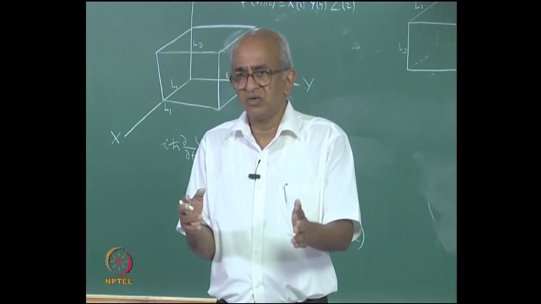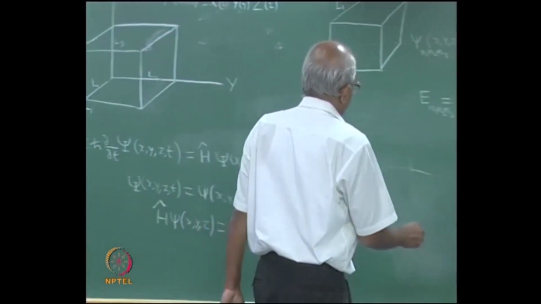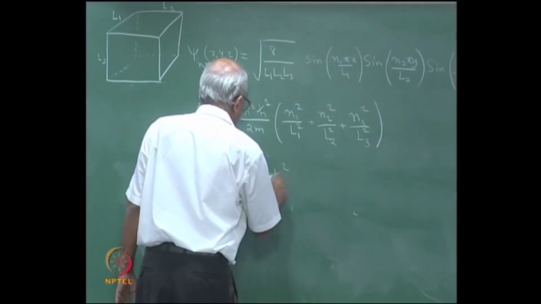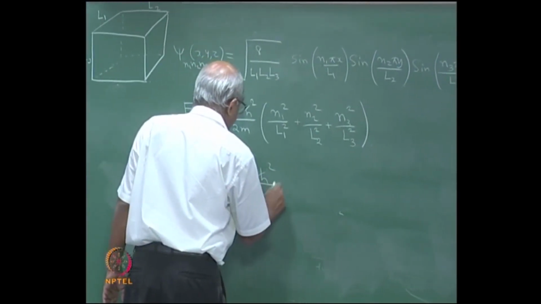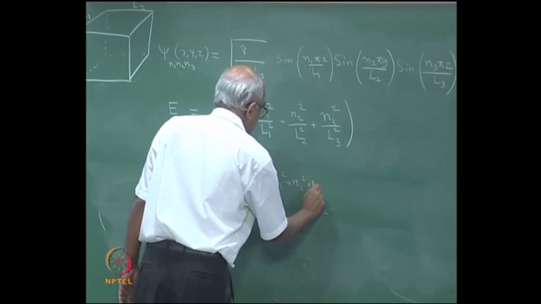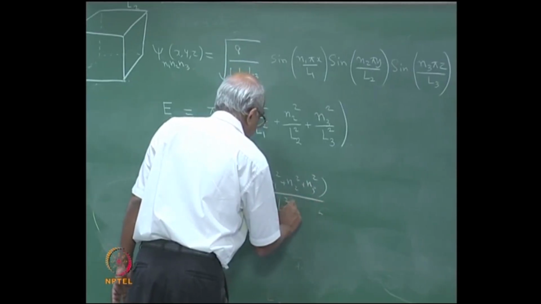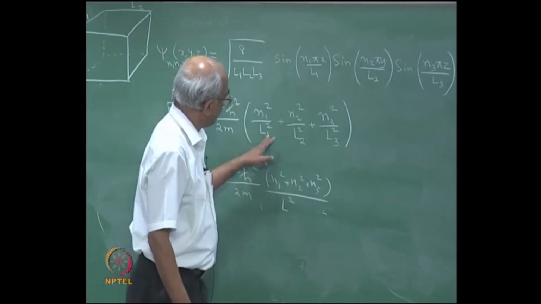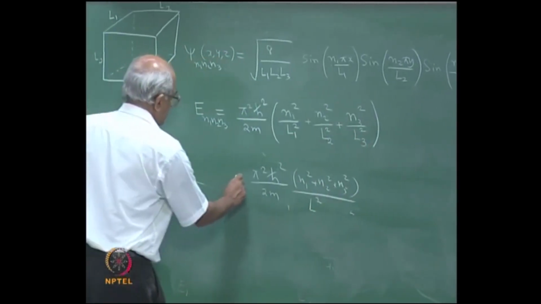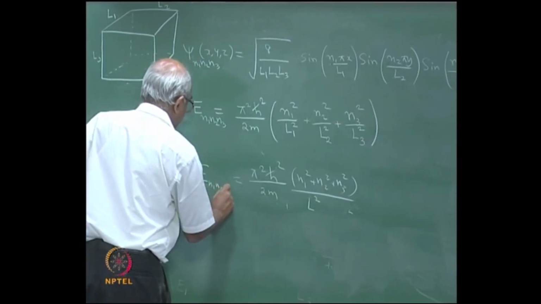L1 is equal to L2 and that is equal to L3, and so I will have pi square h cross square by 2m, n1 square plus n2 square plus n3 square divided by capital L square, where capital L is equal to L1 equal to L2 equal to L3. So, this will be the energy of the system.